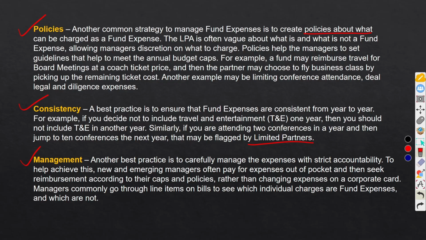Managers commonly go through line items on bills to see which individual charges are fund expenses and which are not. I would highly recommend, as an accountant, that without reading the policies for expense recording, you shouldn't record any miscellaneous transaction in the books of the fund as an expense, because this is a critical part.